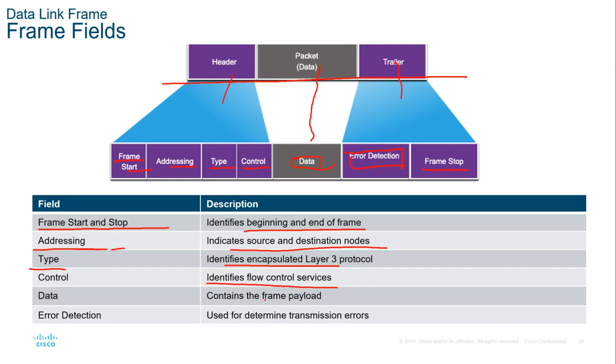Data contains the frame payload, the exact data being exchanged. Error detection is used for determining transmission errors.